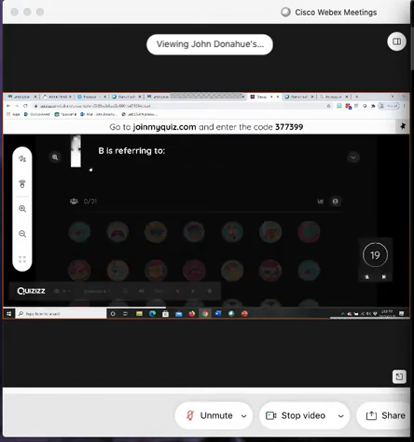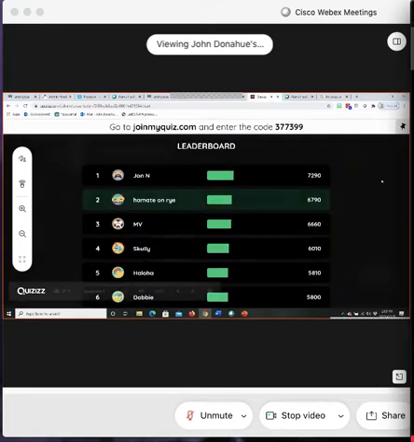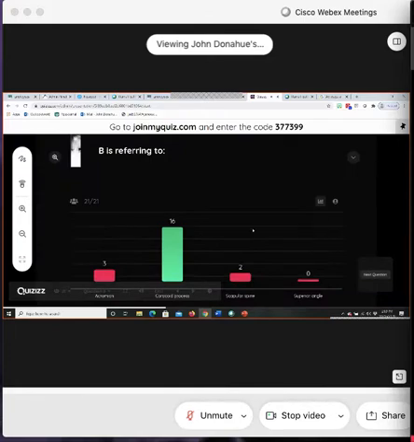B is referring to what? It's going to be the coracoid process. You know I have to throw a coracoid in there at least once. You can all guarantee there'll be something to do with a coracoid test. I'm just saying.